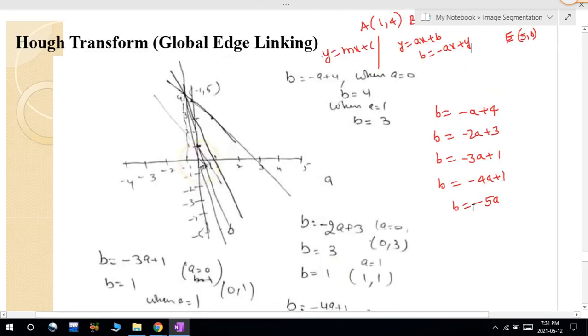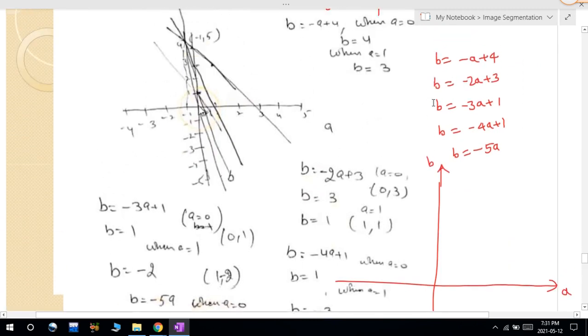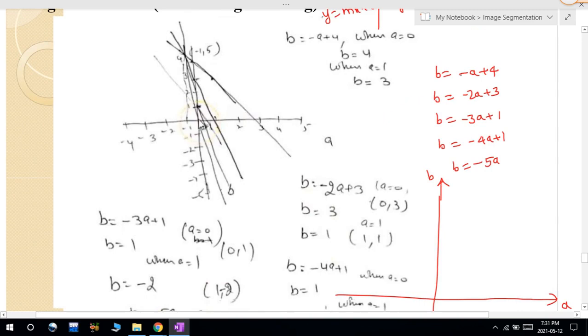Now for each point, I will try to represent it in this format, like equations. How will I get these equations? I'm taking this as a and this as b. I will take the first equation, and I will take these as 1, 2, 3, 4, 5, 6.